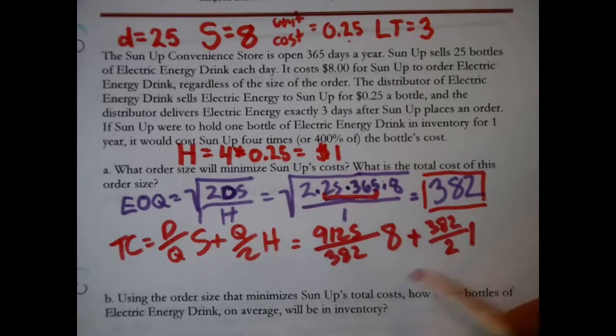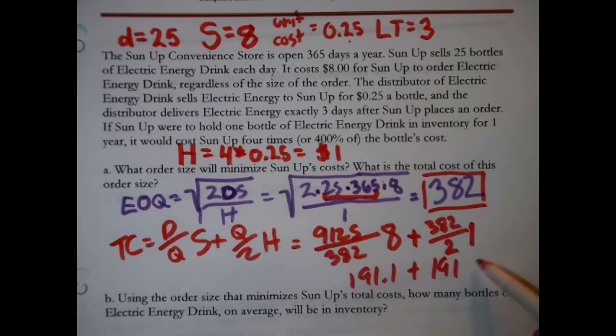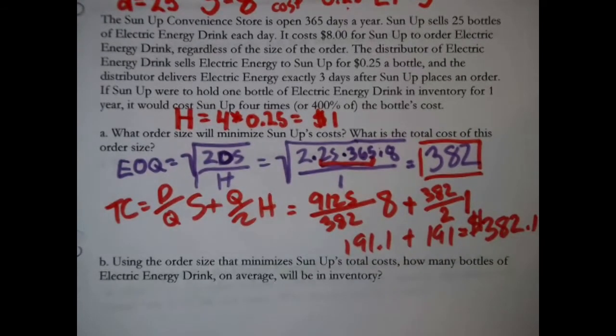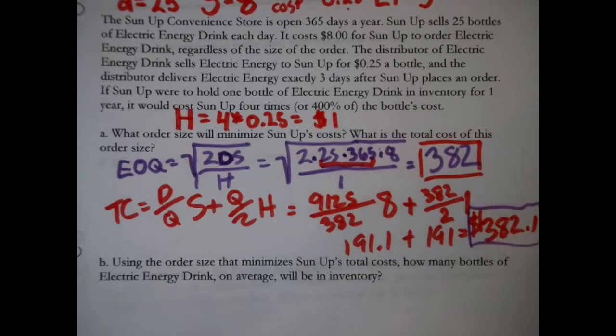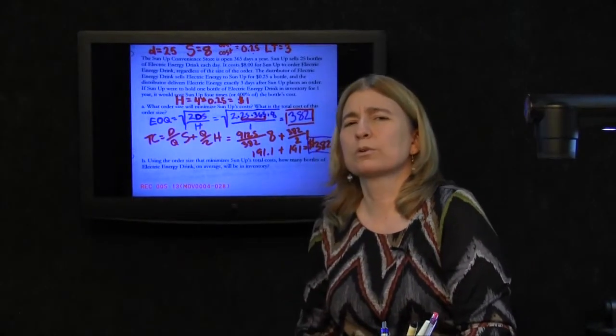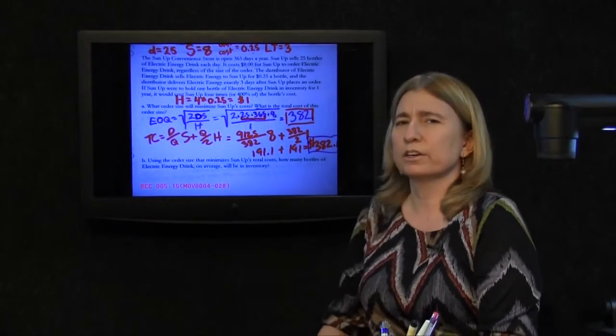So we get something like 191.1 plus 191 equals something like 382.1. Something that's kind of cute about this problem, but it's a coincidence, is did you notice that the order size and the order cost are practically identical?